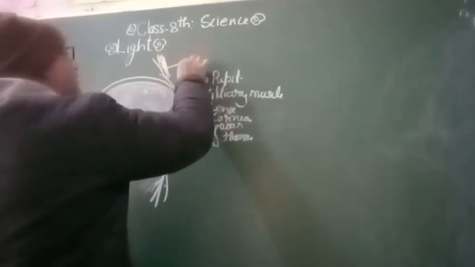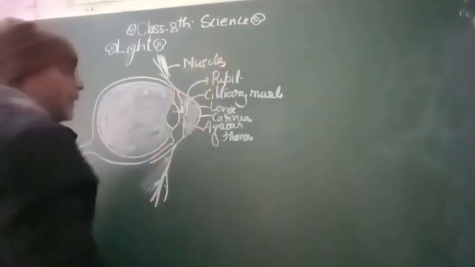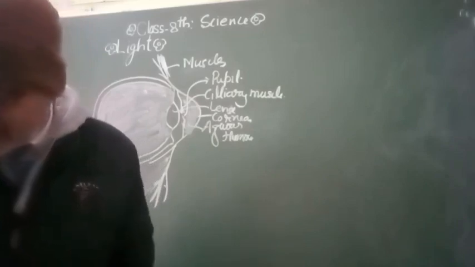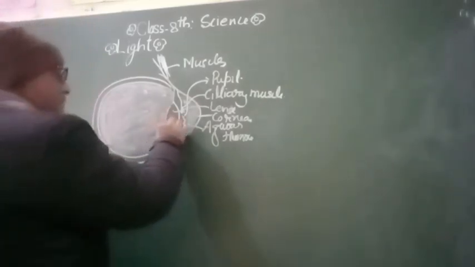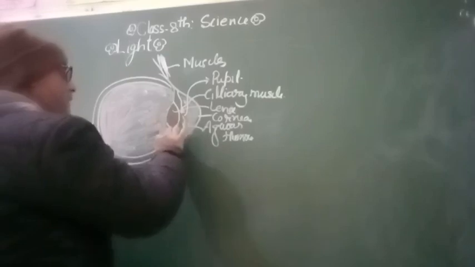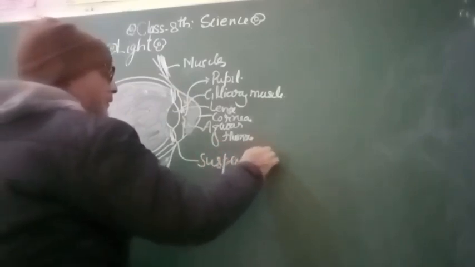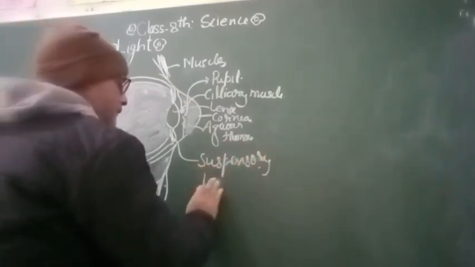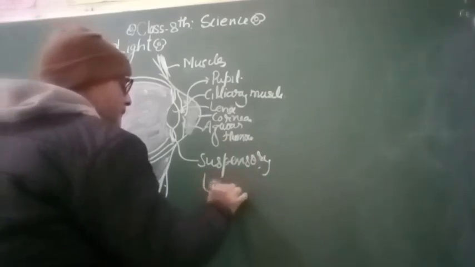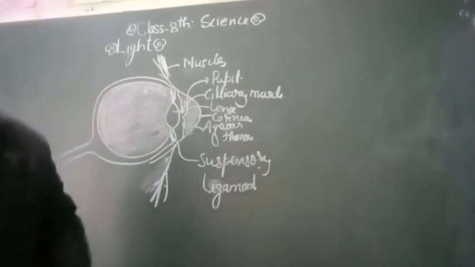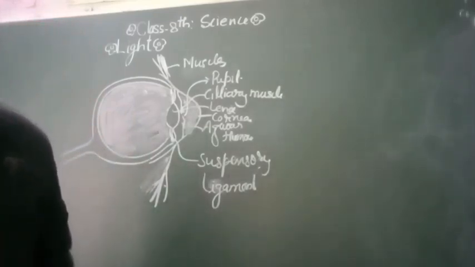This is the muscles, and apart from these, the suspensory ligament is there, which connects this lens. This is the suspensory ligament. Apart from these, there is the optic nerve, vitreous humor.